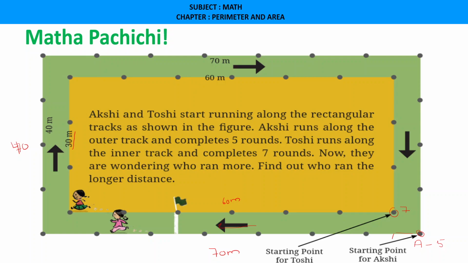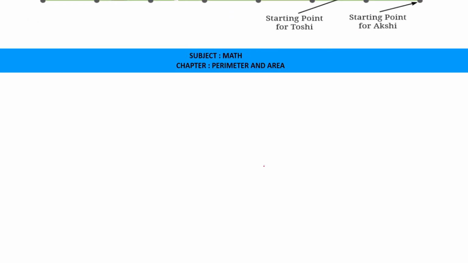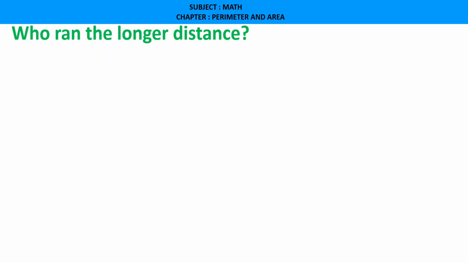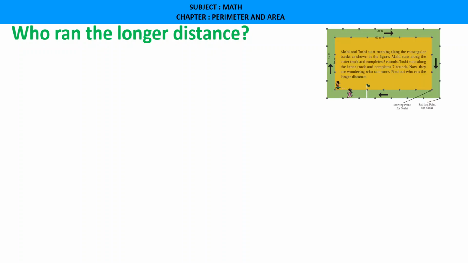Find out who ran the longer distance. This is our question. Let us see who ran the longer distance. Just recall our picture. The starting point of Akshi is this corner and they are going this way.